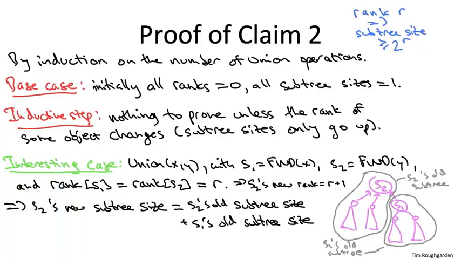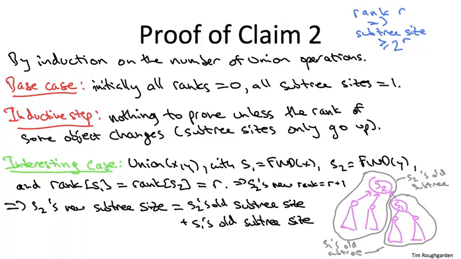But then we're in good shape because we have the inductive hypothesis to rescue us. So remember, before this union, by the inductive hypothesis, for every object with a given rank, say R, it had at least 2 to the R objects in its subtree. So S1 and S2 both had rank R before this union.